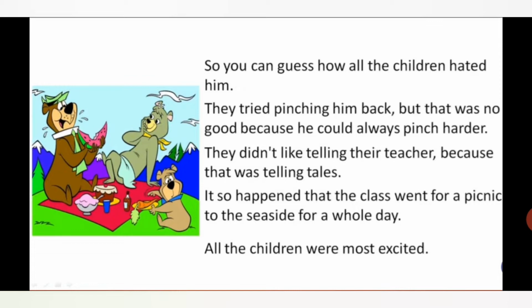It so happened that the class went for a picnic to the seaside for a whole day. All the children were most excited. As Hari used to pinch all the children every time, they hated him and wanted to pinch him back. But when they pinched him back, he pinched them harder, and they didn't want to tell their teachers because the teacher may not believe them.